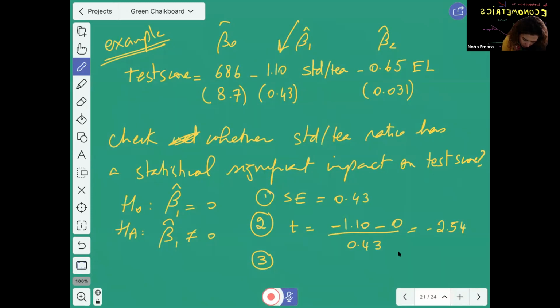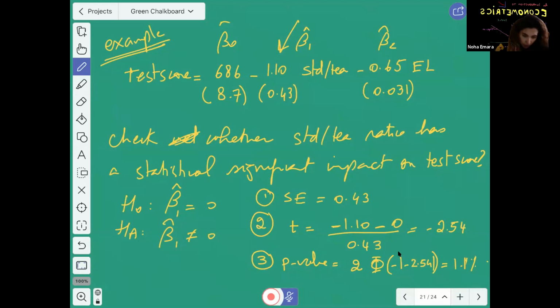The p-value is 2 times the probability of all points less than or equal to negative absolute 2.54, which is equal to 1.1%.